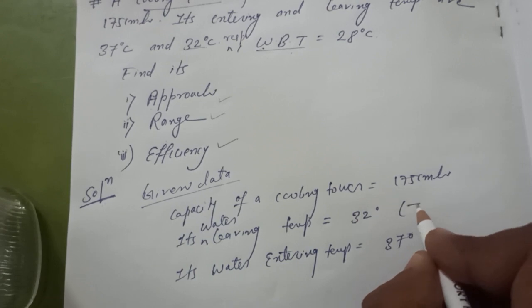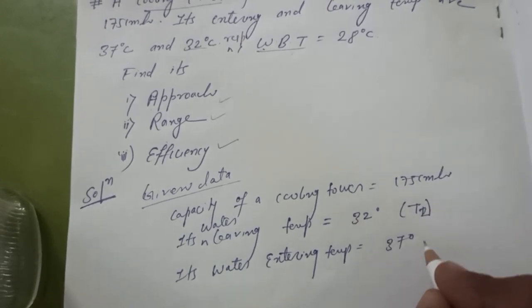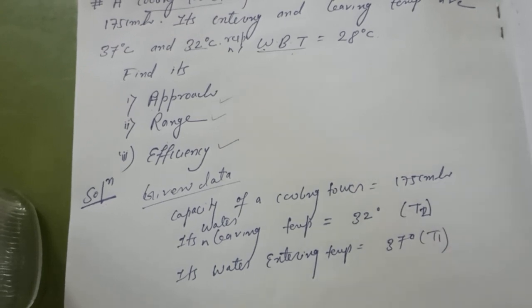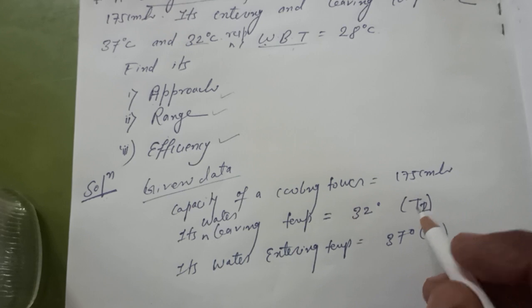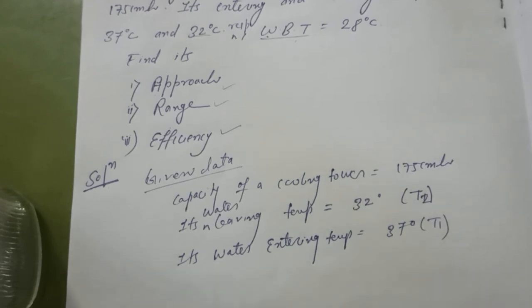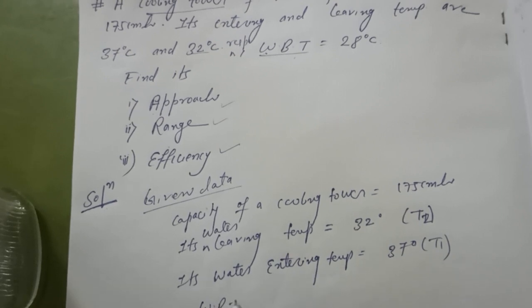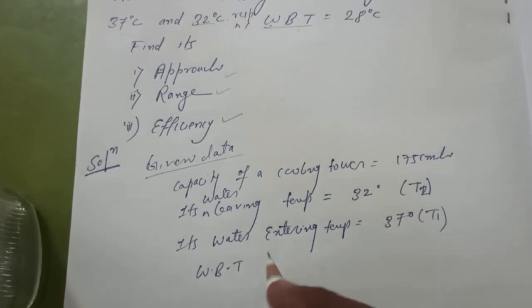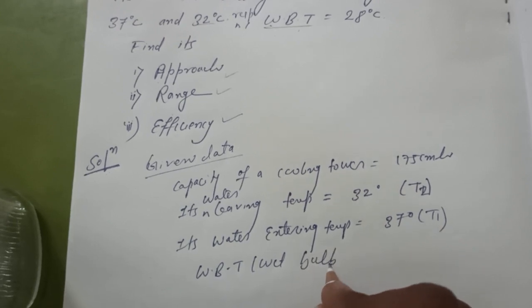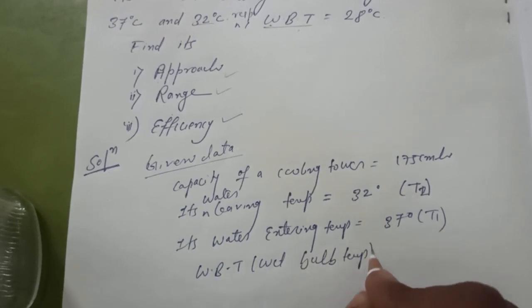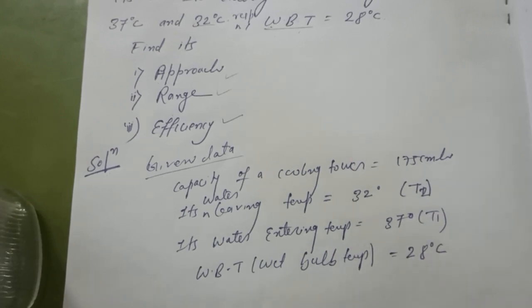Let's suppose the entering temperature is T1 and the exit temperature is T2. And one more parameter is given there, WBT, wet bulb temperature of surrounding air, equals 28 degrees Celsius.